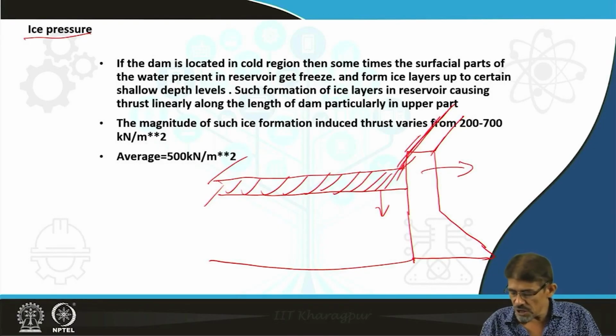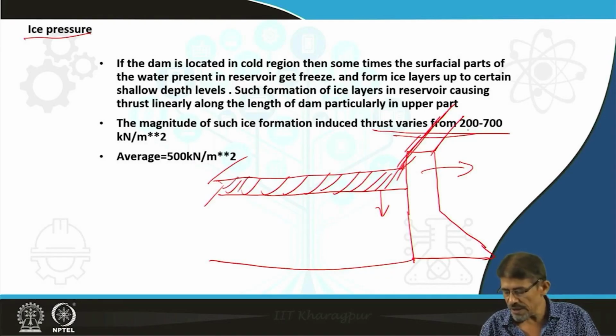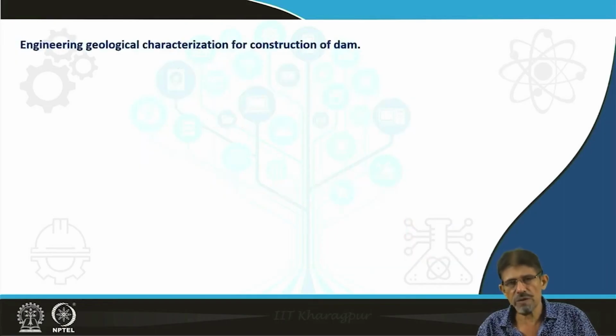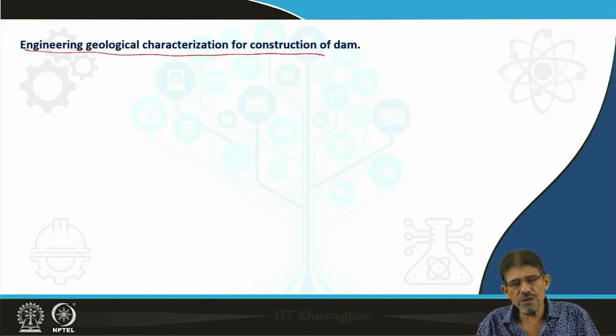The general estimation of the thrust caused by this ice formation ranges between 200 to 700, with an average of 500 kilonewton per meter square. In engineering geological consideration for characterization of the dam site, other aspects we have already discussed in elaborate form.